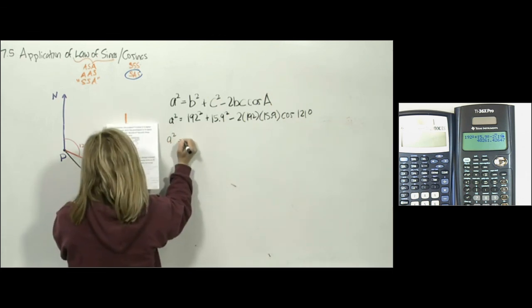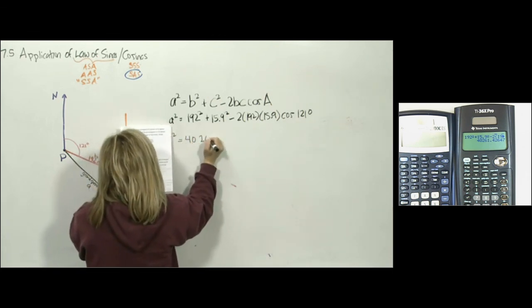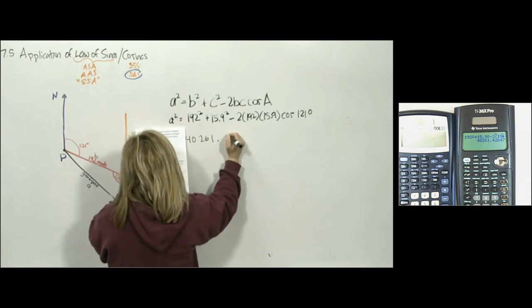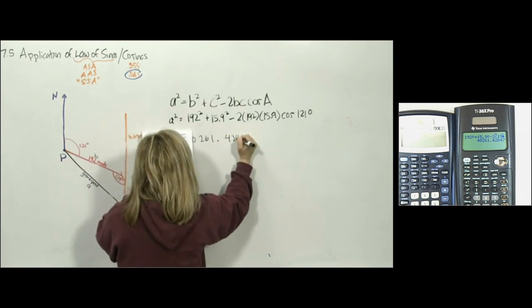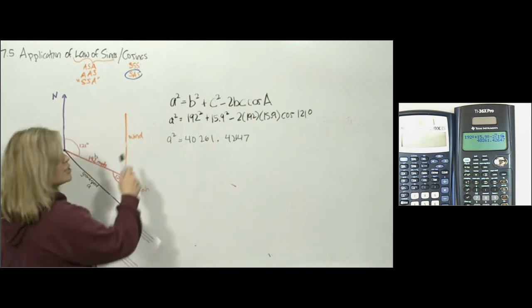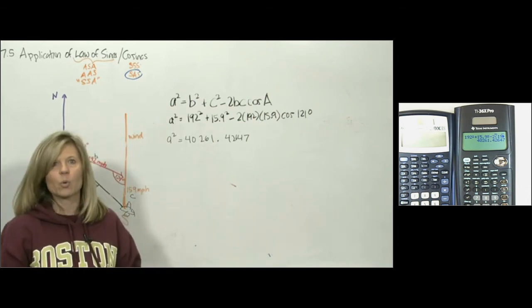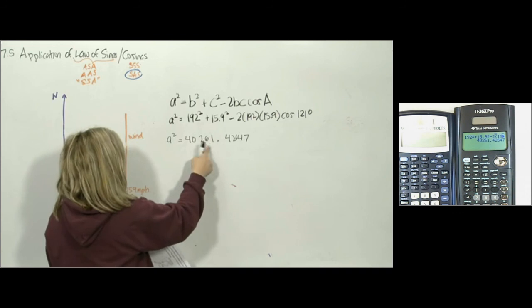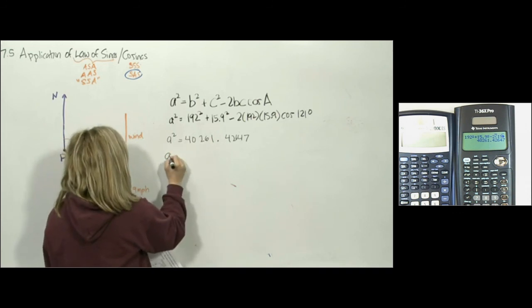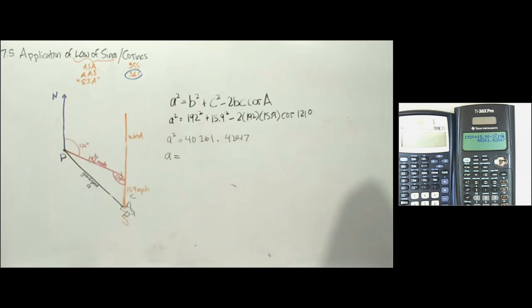So A squared equals 40,261 decimal point. Do I want A squared? Heck no, I don't want A squared. I want A. So what do I have to do with it? I'm going to have to square root each side. All right, go back to the calculator. To get the square root, I'm going to have to hit second, square root.